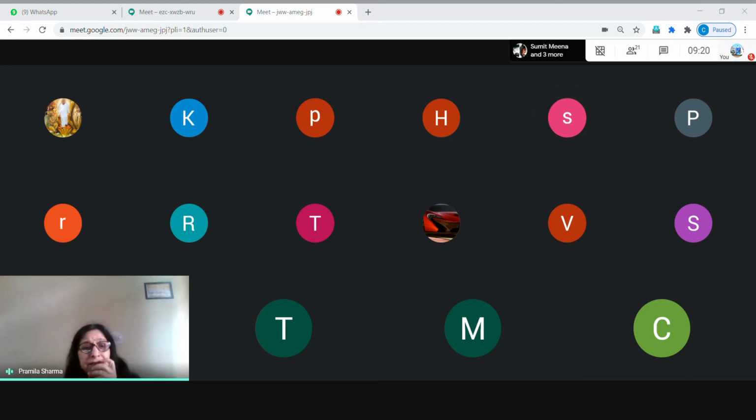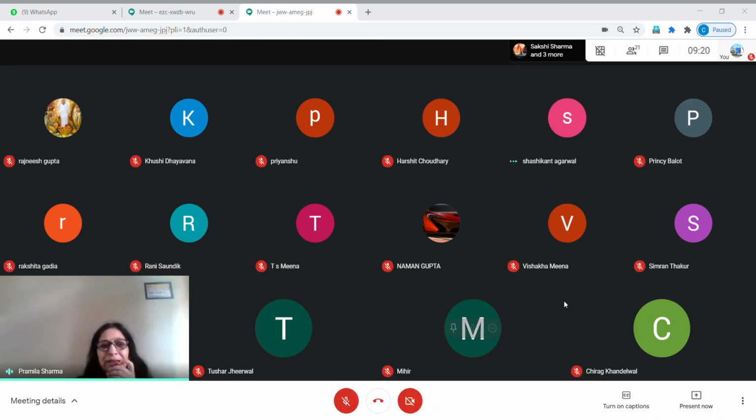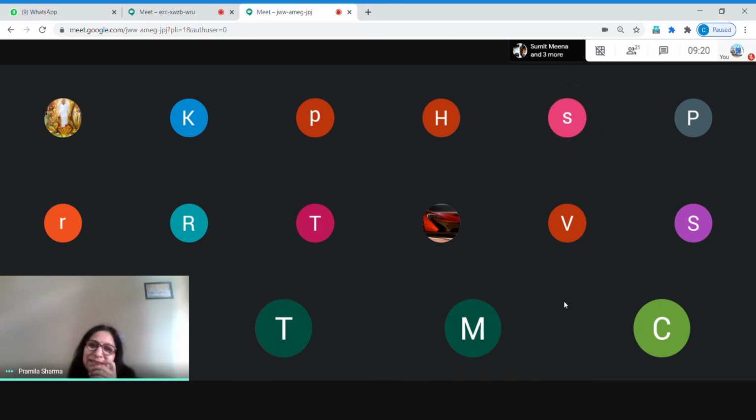Or Shashikant sir, you can ask these children, like if Kimaya is going to present, Tushar, Vishakha, and Rakshita will be asking the question. So they will be more prepared. So these are the two, three suggestions from my side. Please incorporate. Thank you, sir.